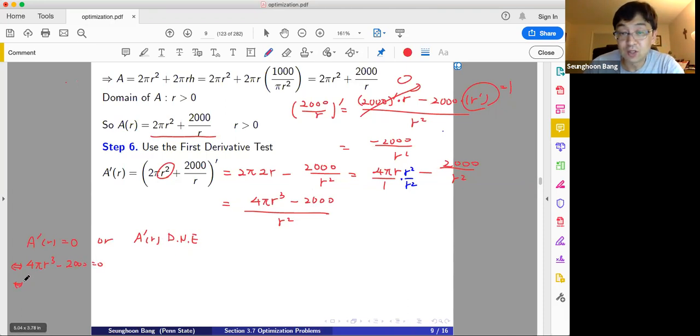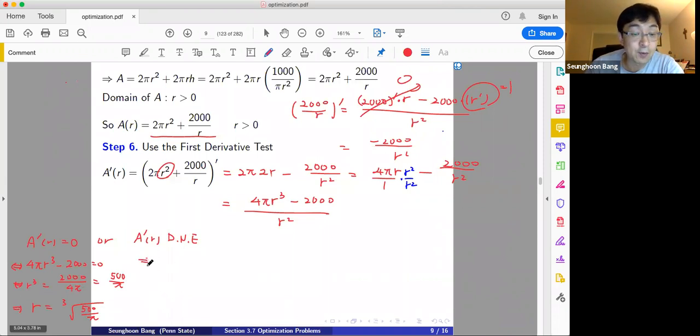Add 2000, divided by 4 pi. r cubed is 2000 over 4 pi. 4 is crossed out, we have 500 over pi. You can take a cube root, so r is the cube root of 500 over pi.